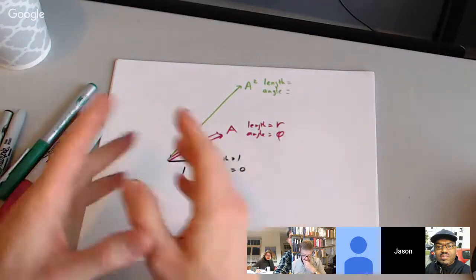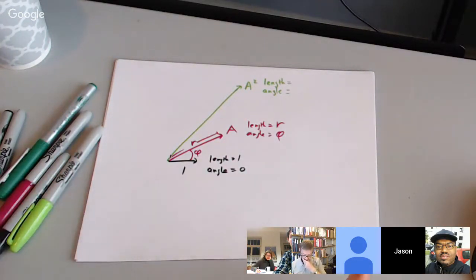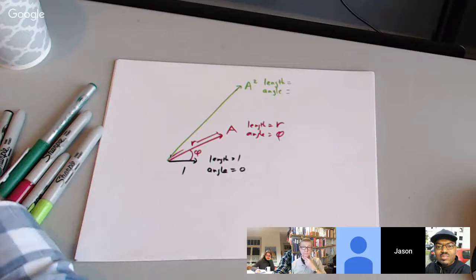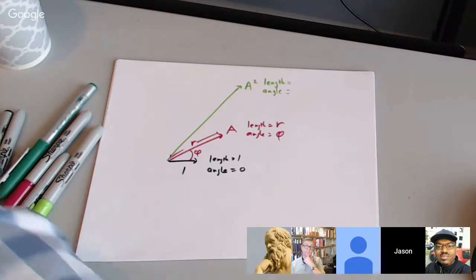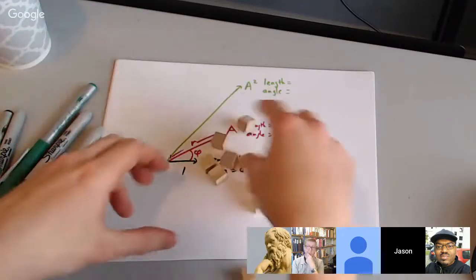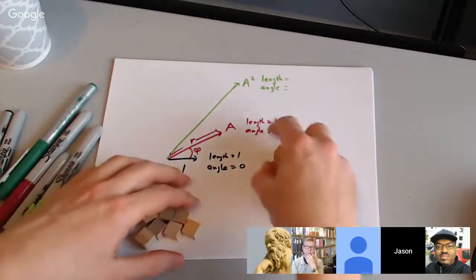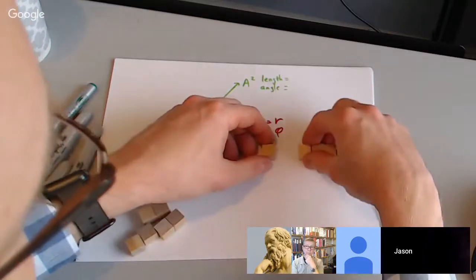So let's just go ahead with this. Again, the whole idea of what multiplying means is that the product is to one of the factors as the other factor is to 1. So let's take a look at squaring using the numbers 1 and 3 for starters.